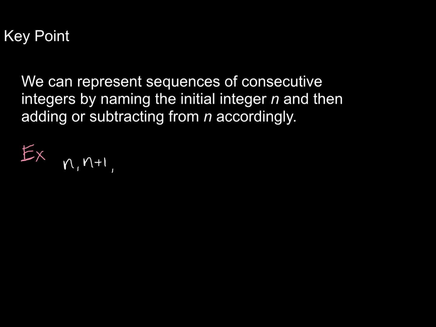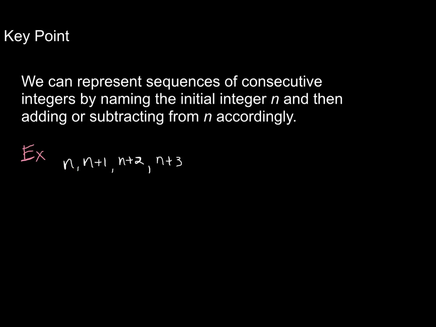The next integer will be n plus 2. The next integer will be n plus 3, so on and so forth. And this is very important, as you'll see when we look at the binomial theorem, but also in proving identities, that we be able to utilize a variable. Because when we use a variable, we're actually proving that something works no matter what n is. And that's going to be very important.